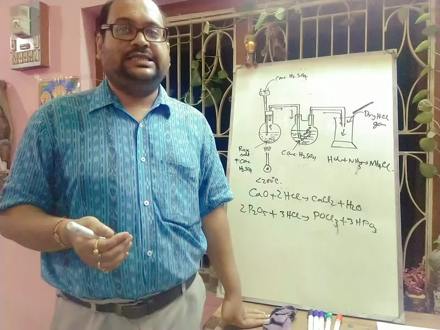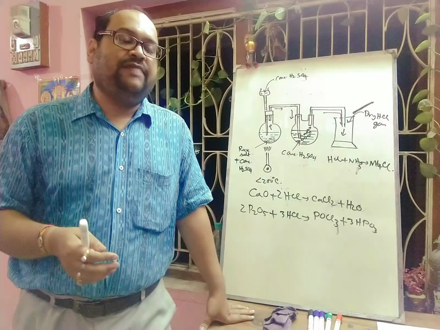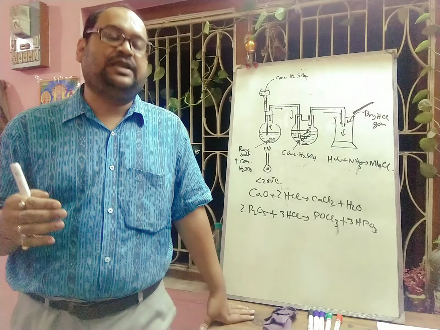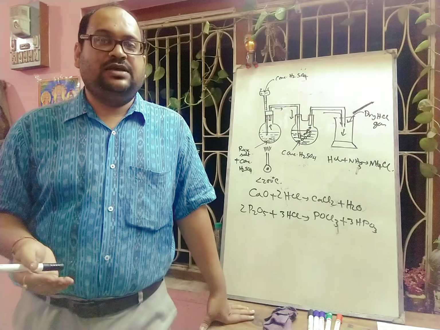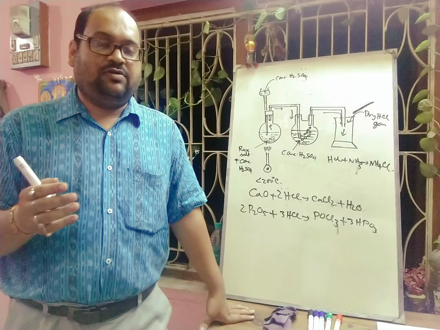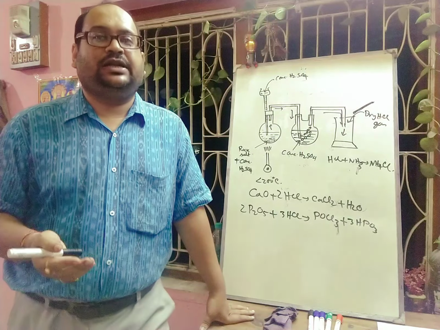That is why HCl gas is not collected over water. During preparation of hydrochloric acid, we have to pass the HCl gas through water. That is a different case, but if we want to get the HCl gas, it is not collected over water.